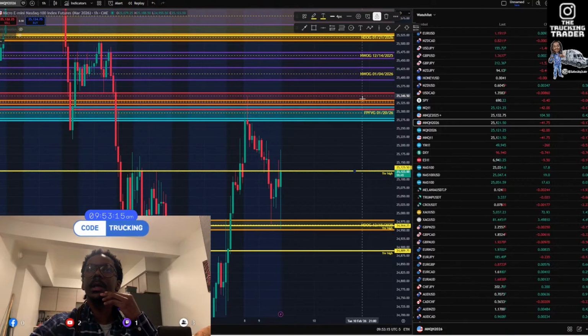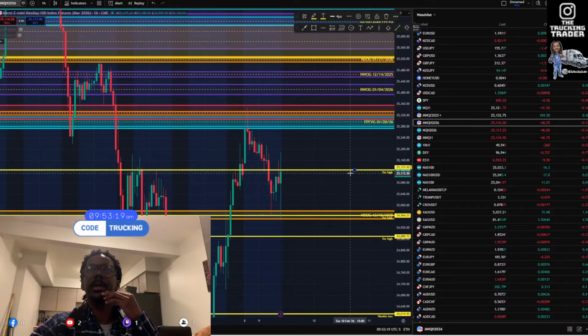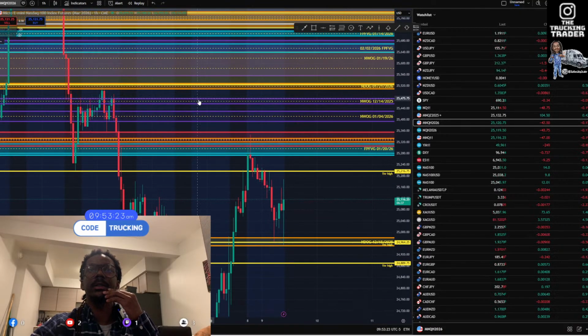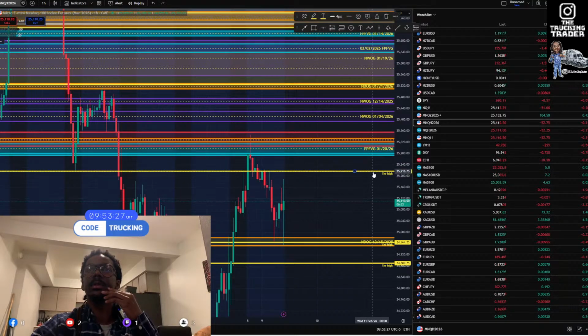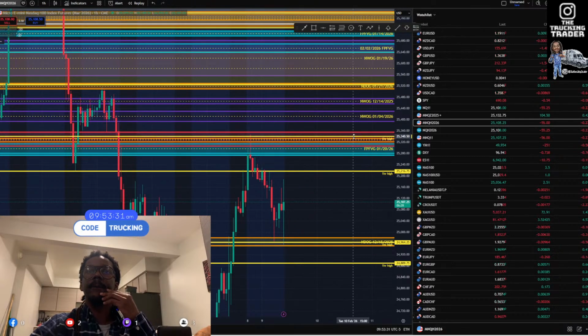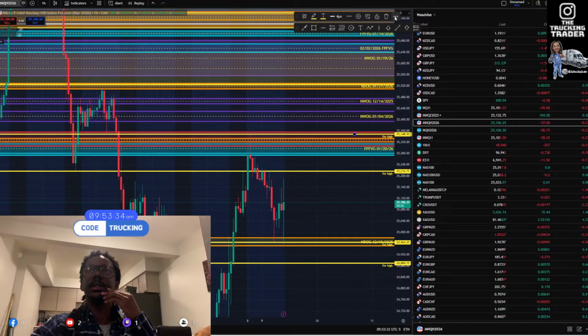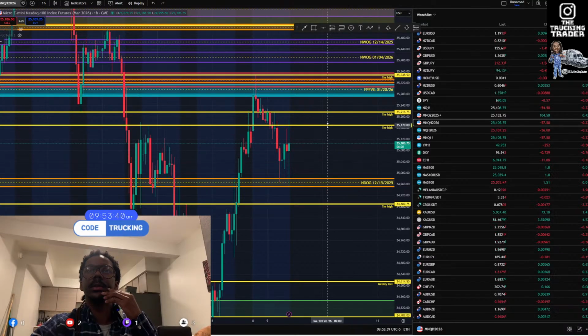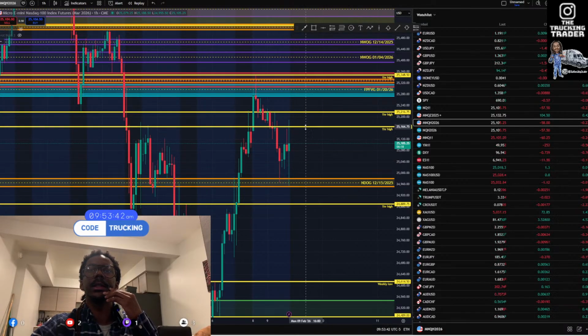You guys can see right here on the 1 hour chart, all I do is I pretty much label all of my 1 hour swing highs with these yellow lines that I'm using. I just want to be aware of all of these swing highs. And then the same thing with the, let me see, make sure I'm not missing anything.